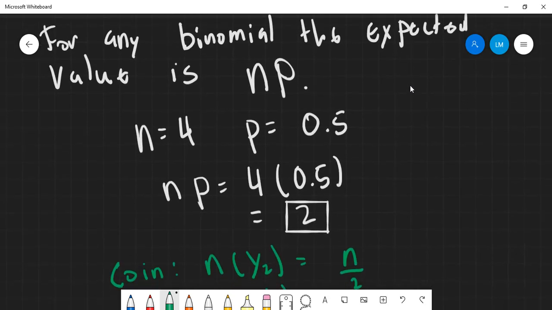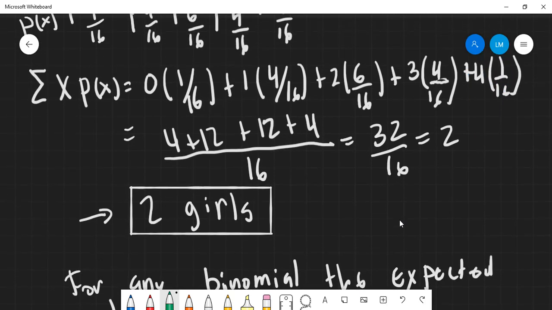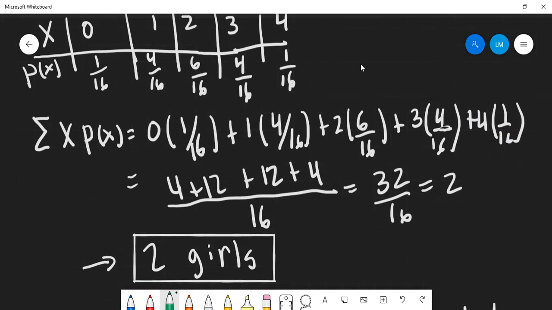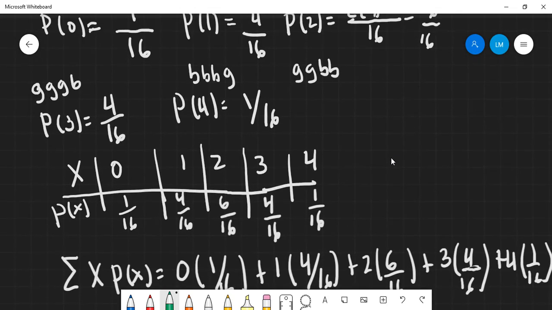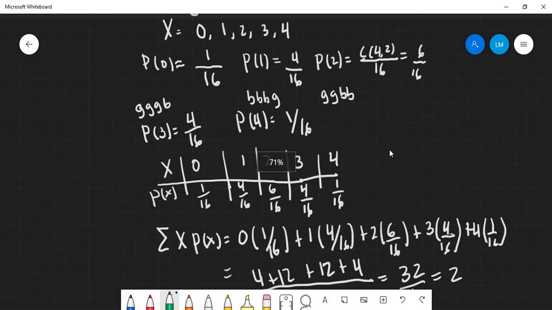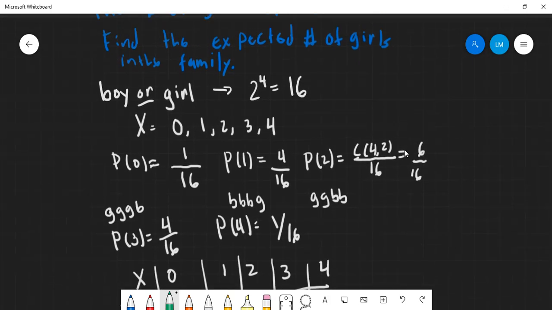So with that, try to see if you can do an example like the one where I constructed the probability distribution table for the family that had 4 children.